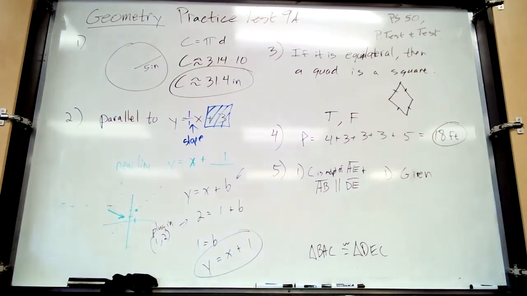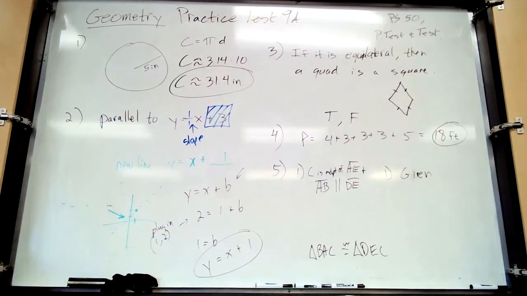First of all, I'm not given that any angles or any sides are congruent. The only thing that I'm given is that C is the midpoint of AE. So what does it mean to be a midpoint of a line segment? It's half, so they're both congruent.